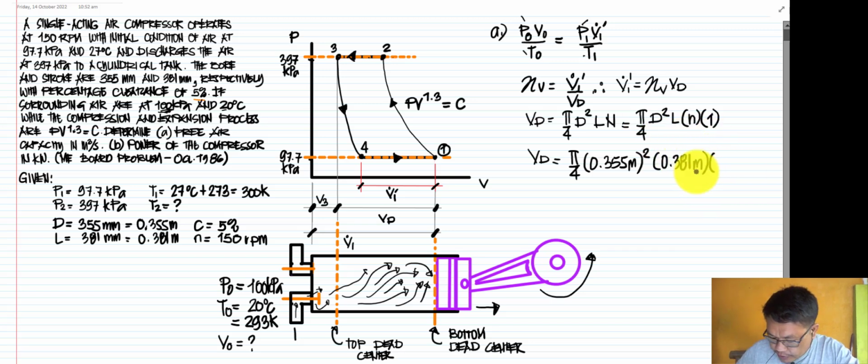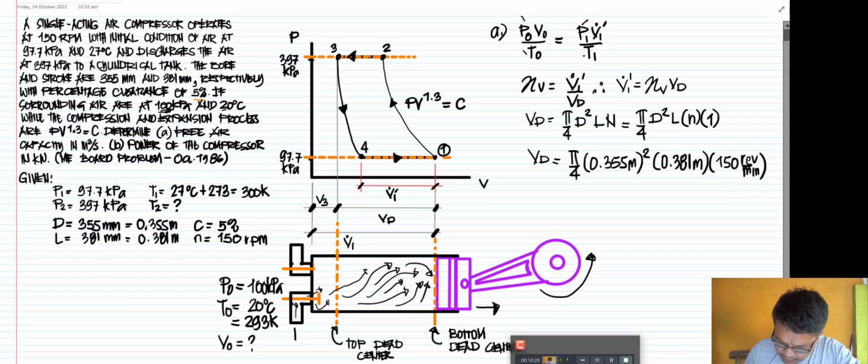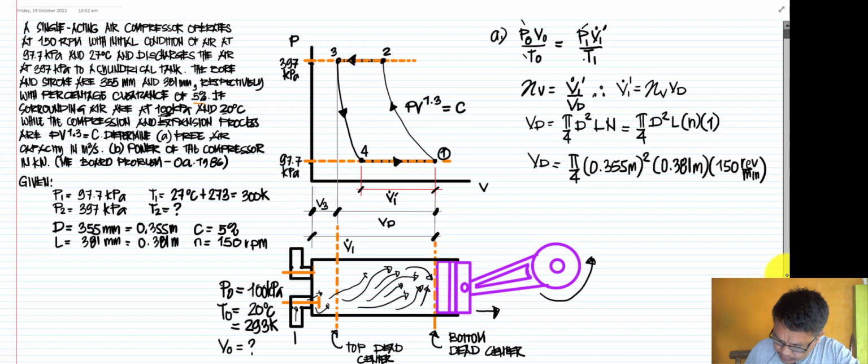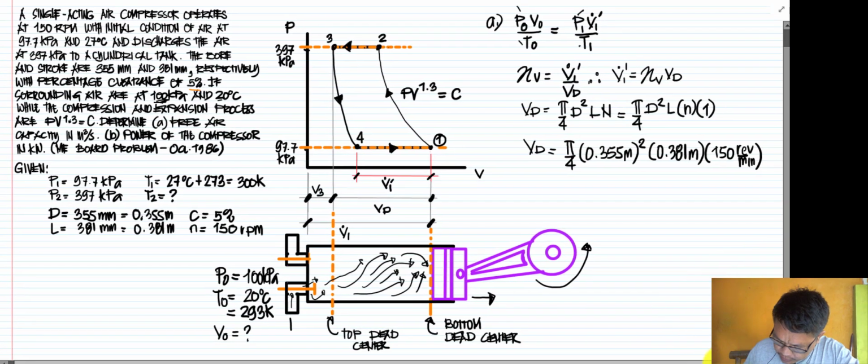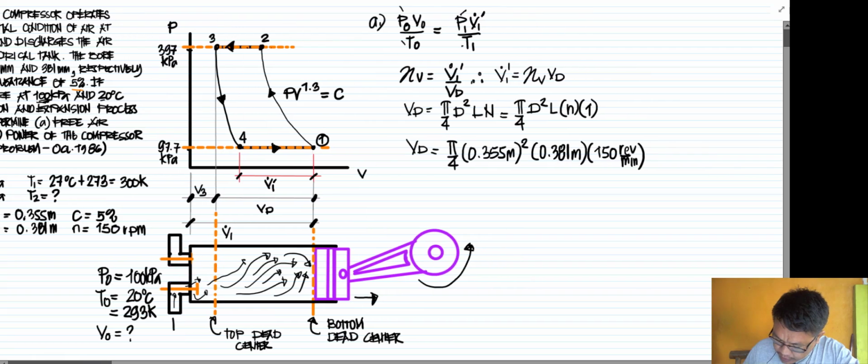Then we have your RPM, which is 150. So this is the unit of revolution per minute. Then I'm gonna convert this one directly to seconds. I need to convert this one to seconds, so I'm going to multiply this one by 1 minute, and we have your conversion, 60 seconds.